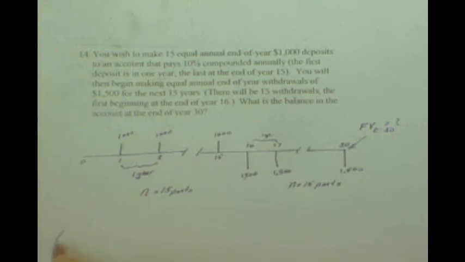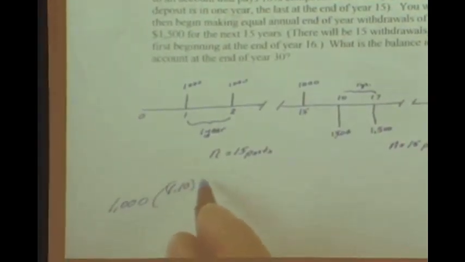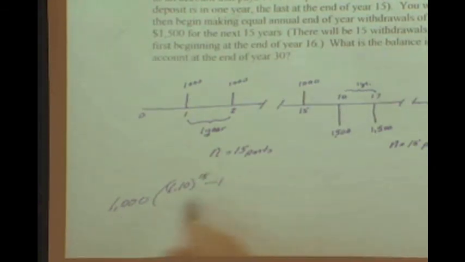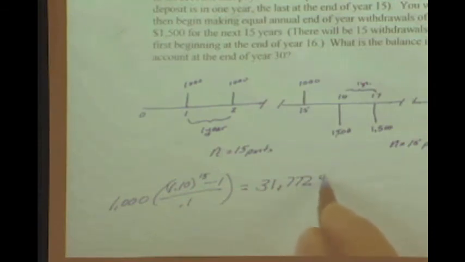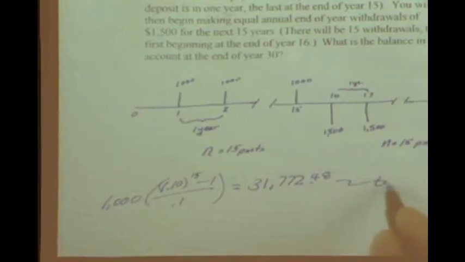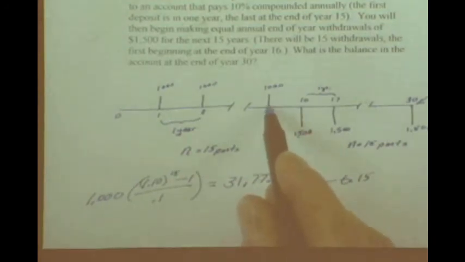If I use the future value annuity for the first 15 $1,000 payments, I'll get a lump sum amount at time 15 right here. That's where this 31,000 is.